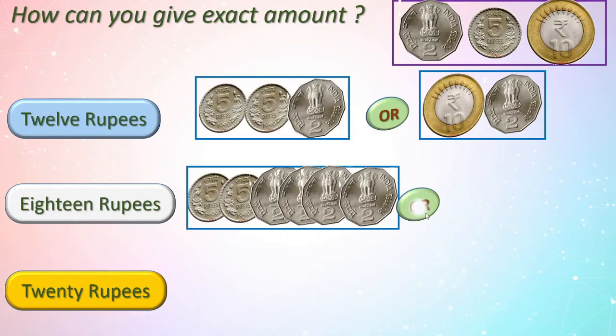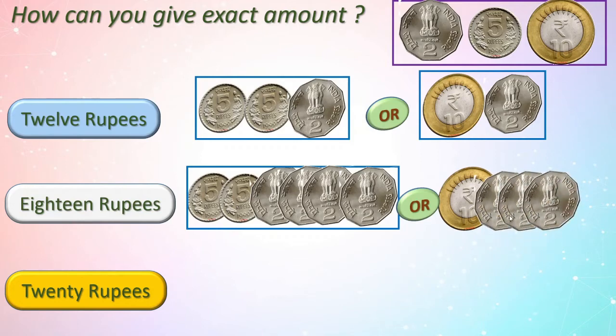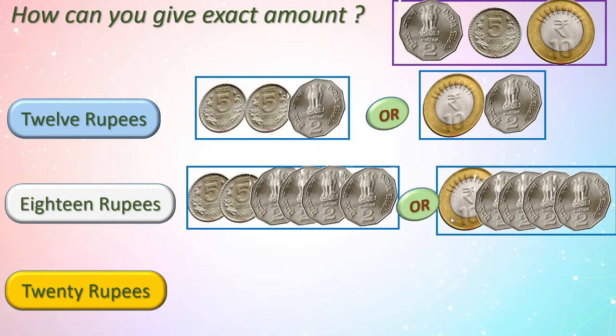Or in one more way, by using 1 10 rupee coin, and we have to use 4 2 rupee coins. Correct? We cannot use here 5 rupee coin. If we use 5 rupee coin, then we are in need of 1 rupee coin for exact change. Okay?